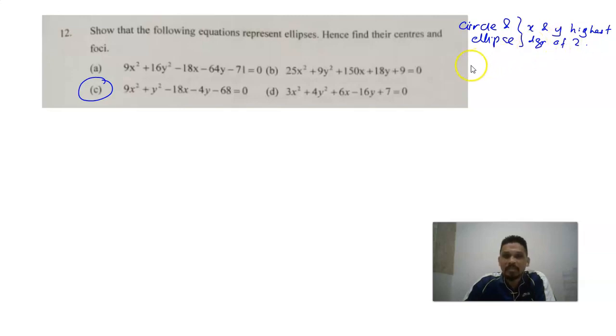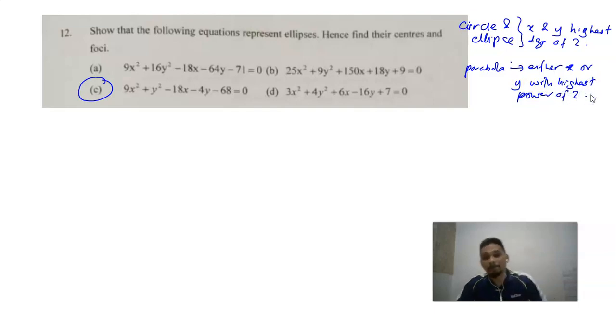Okay, in our syllabus for a parabola, there will be only either x or y with the highest power of 2, either one. So if the question did not mention an ellipse, but look at this question now, with x squared and y squared, this equation can represent a circle or an ellipse, either one.